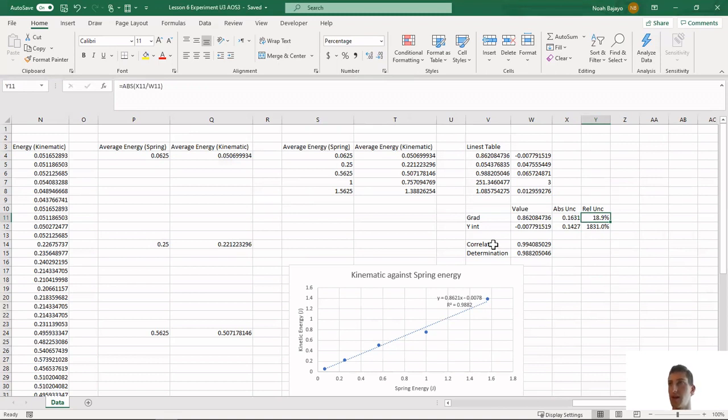I've got here the coefficients of correlation and determination, which tell us pretty much how well our line fits the data. So a correlation of 0.99 is usually something that would be deemed very supportive of the hypothesis, and so that's what we can take away from this experiment.